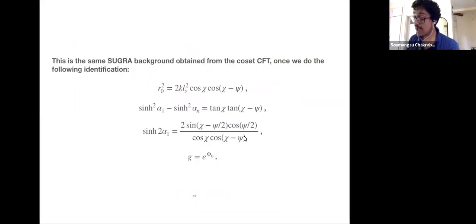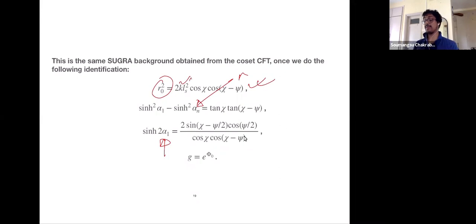So on the left-hand side, I have the microscopic descriptions like the fundamental strings and number of fundamental strings. Alpha 1 depends on the number of fundamental strings. This is dependent on the n. This is the non-extremality parameter. And on the right-hand side, you have these phi's and chi's and k's.